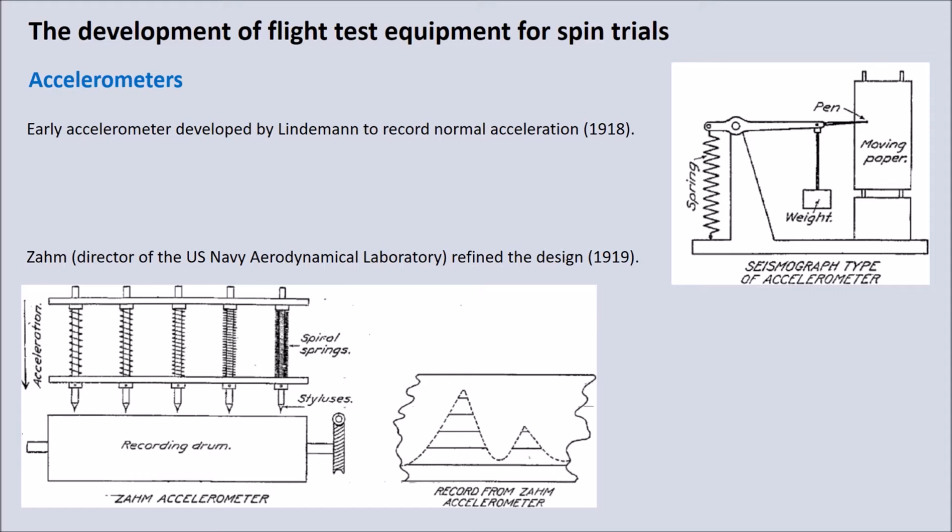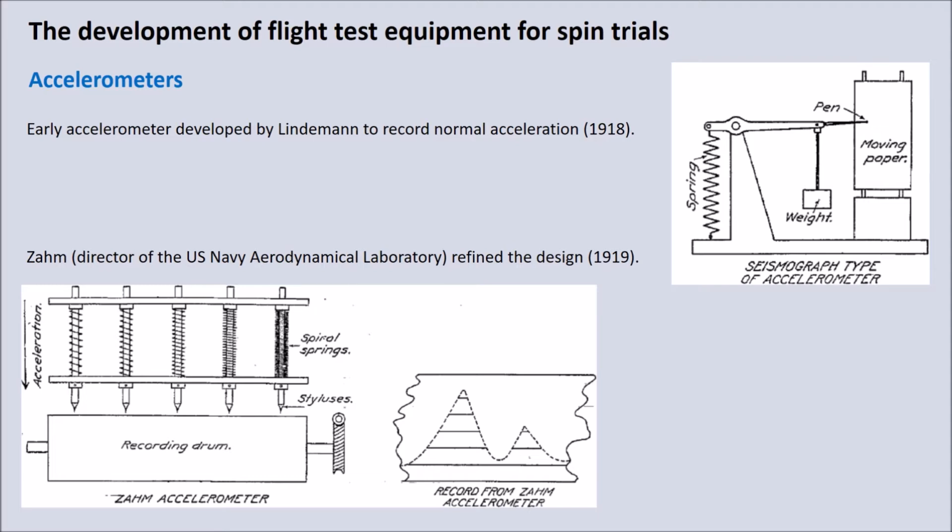and basically Zahm's design comprised numerous pens or styluses that were affixed above this moving reel of paper, and all of the styluses had different tension springs associated with them, right?